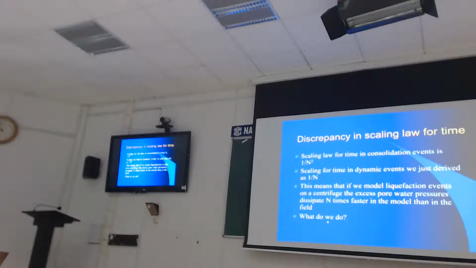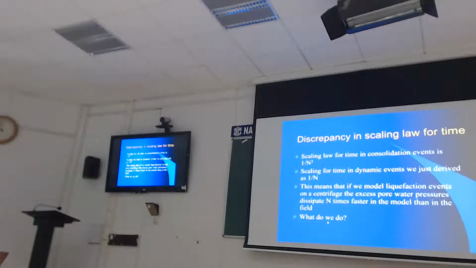So when you did the consolidation scaling law, it came out in our favor of 1 over n squared. Today, I'm saying to you, having slept over it yesterday night, we are scaling frequency by a factor of n. As a consequence, the time period therefore scales as 1 over n, right? Frequency and time period are just reciprocals of each other.